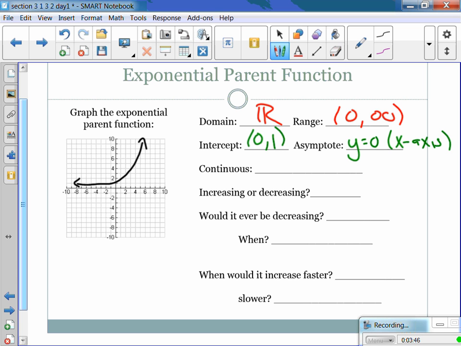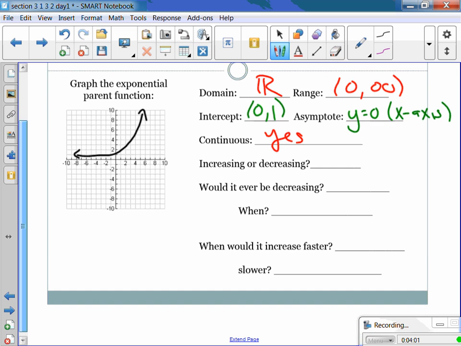In other words, do I take the pencil off the page in order to draw this? It's continuous, there's nowhere I'm stopping. Increasing, decreasing, constant? Increasing. As we move from left to right, my f of x is getting larger and larger, so we're definitely increasing.